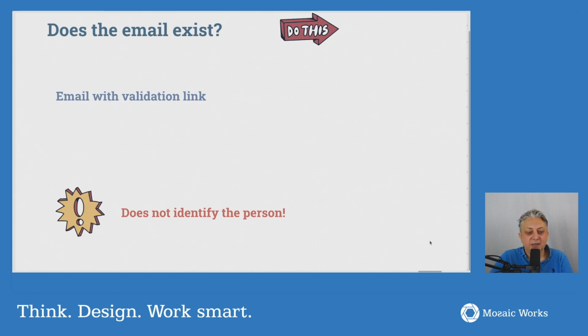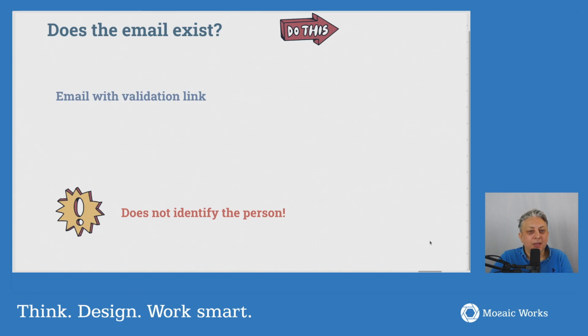It just means that somebody did, right? And what you know is the email address. You don't really know if that is a person. That might not be important in your context.